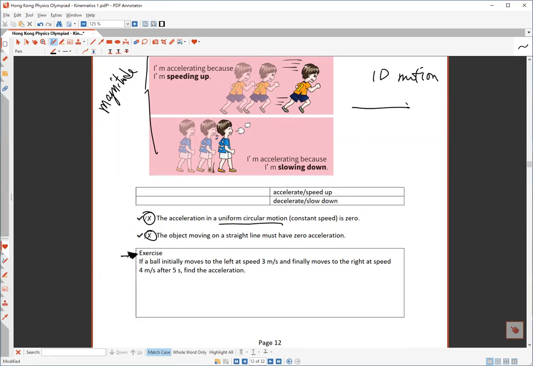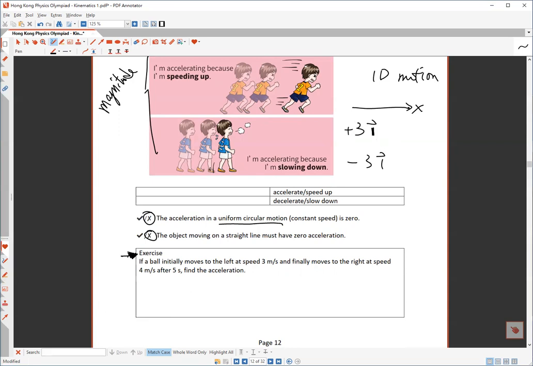If it's moving just along one dimension, we'll just use one unit vector, that is i. Let's say if it is positive vi, that means the vector is pointing to the positive side of the x-axis. If it's negative vi, that means it's pointing backwards.